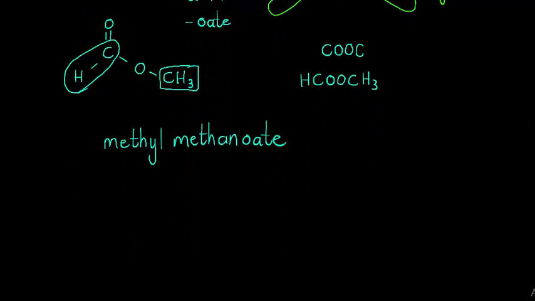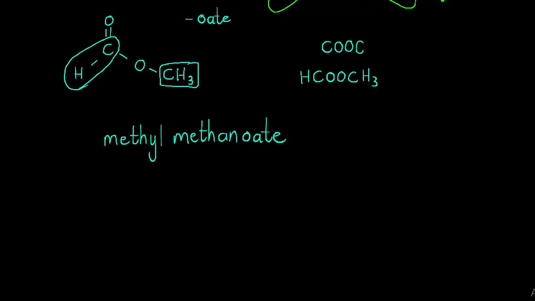Okay, let's look at a slightly more complex name. So if I have a carbon double bonded to an oxygen, bonded to a carbon which has 3 hydrogens, bonded to an oxygen, bonded to a carbon, each one of them has their hydrogens.